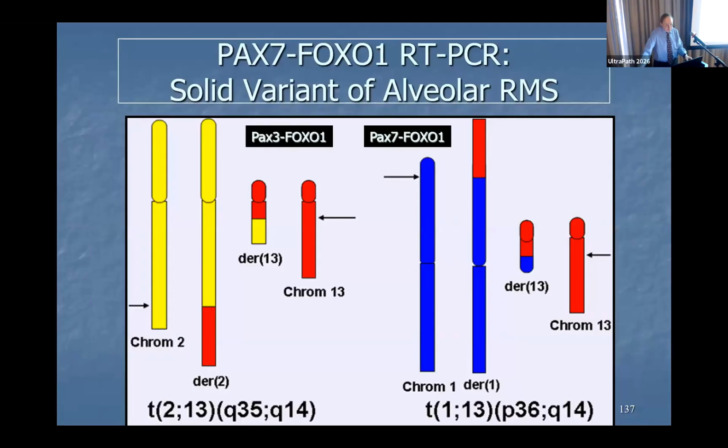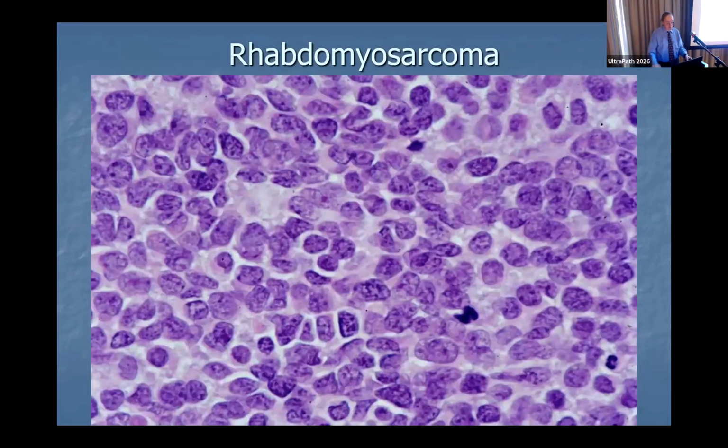We did the PCR on this in particular because it fit into rhabdomyosarcoma. Basically we're looking for a PAX7 or PAX3 FOXO1 type of translocation. This patient had a PAX7 FOXO1 translocation, so this fed into an alveolar rhabdomyosarcoma, and it had more of a solid pattern than the typical alveolar rhabdomyosarcoma.